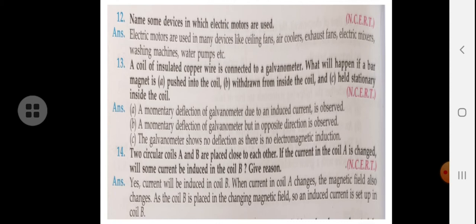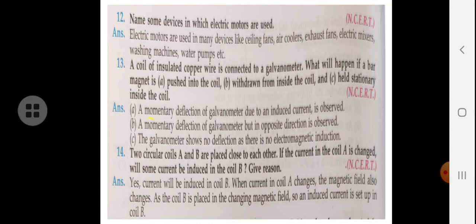A coil of insulated copper wire is connected to a galvanometer. What will happen if a bar magnet is pushed into the coil, or withdrawn from inside the coil, or held stationary inside the coil? It is based on electromagnetic induction.